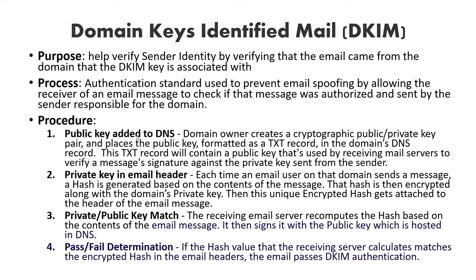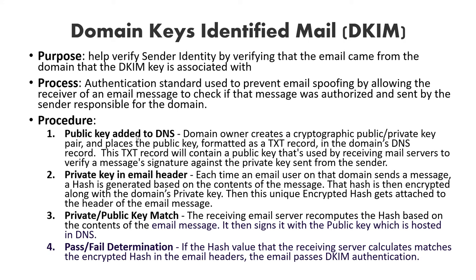This one also is automatically put into the DNS by Brilliant Directories. It has the public half of the SendGrid key that is added automatically for you guys. And that text record will contain that public key, which is used by the receiving mail servers to verify the message signature against the private key sent from the sender.